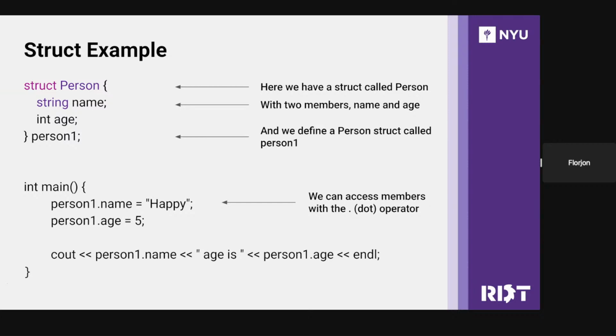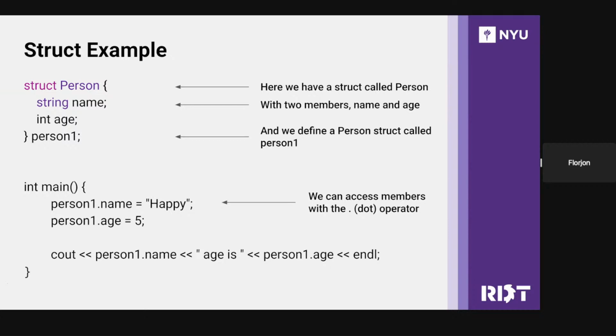Then, as we said before, we use string as our data type and name as our variable name, and the same thing with our int and then age. And as I was talking about last slide, we use person1 as our variable name, and this person1 will be of type person, which is a struct and has the two data members.